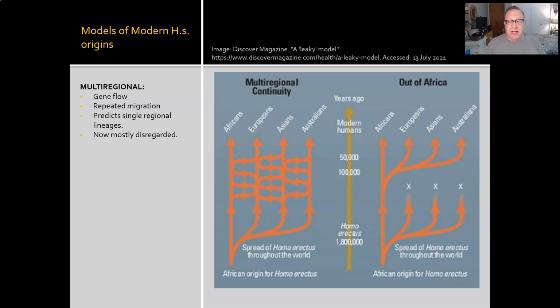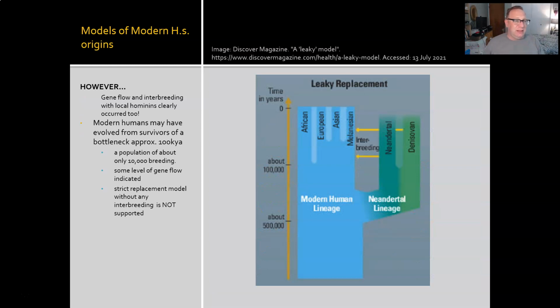Now, we don't see that. We see something else. We see some continuity in each region, but the continuity leads to different species. So Neanderthals in Europe, Denisovans in Asia, and Homo sapiens in Africa.